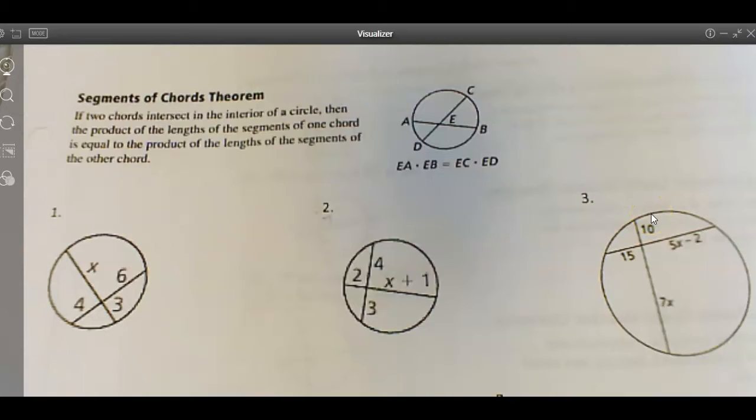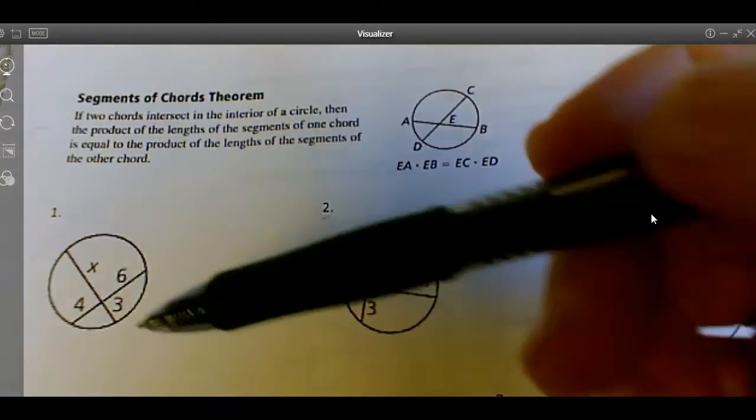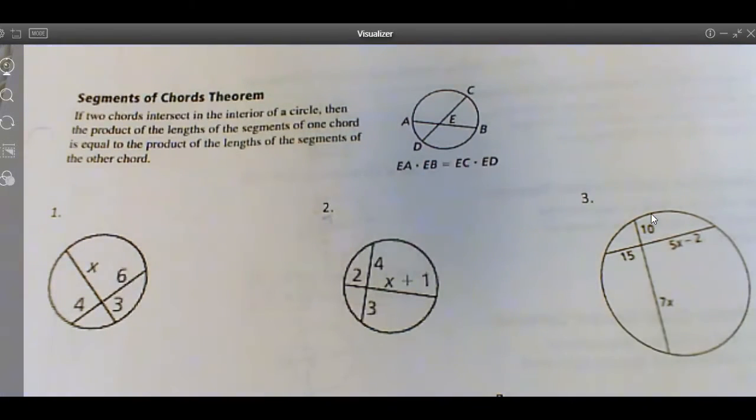So we've seen a picture like this before, but when we did this before, we were trying to find angles and arcs. And we added the arcs together and multiplied by half so that we could figure out the angle. But that's different here because this one is talking about finding the sides. Okay? And here's what it says.